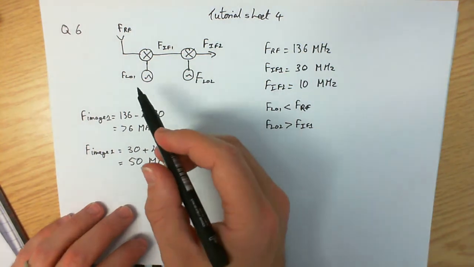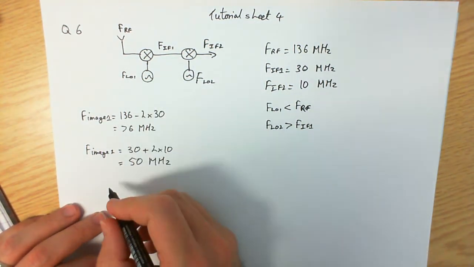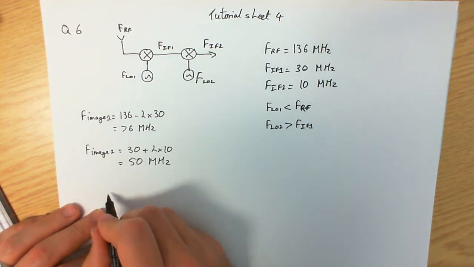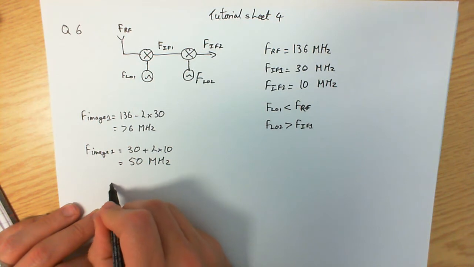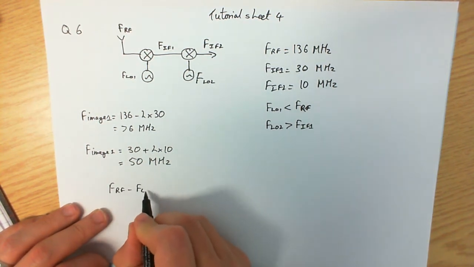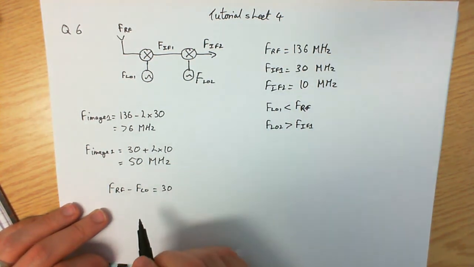So what we need to do is work out what the local oscillator frequency is. Our local oscillator can be worked out by this: FRF minus FLO has got to be equal to our IF, which is 30 megahertz.